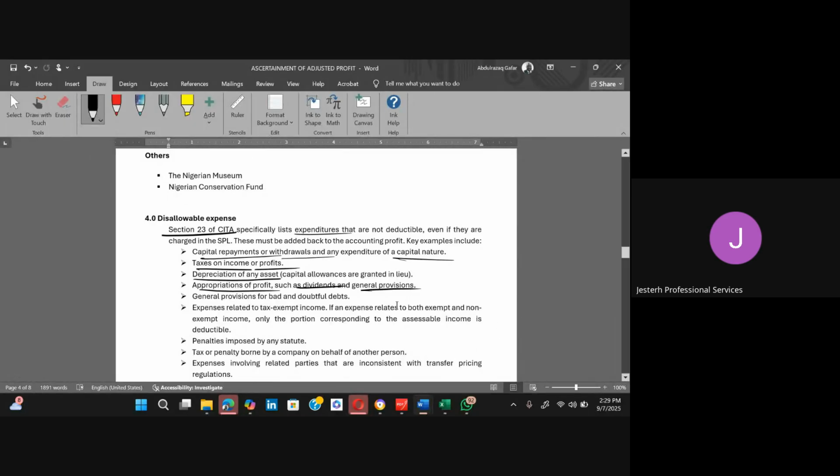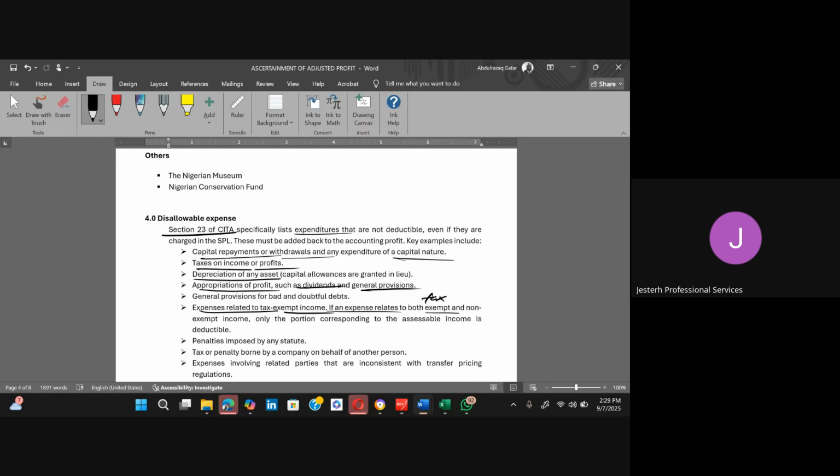So we also have general provisions for bad and doubtful debts. Expenses related to tax exempt income: if an expense relates to both tax exempt and non-exempt income, only the portion corresponding to the taxable income is deductible.